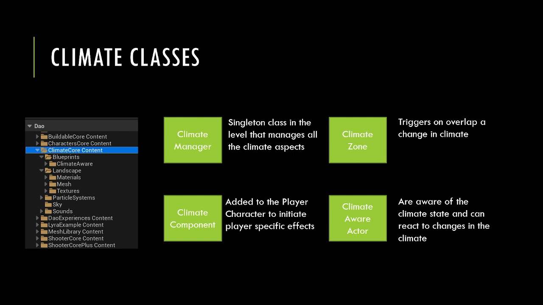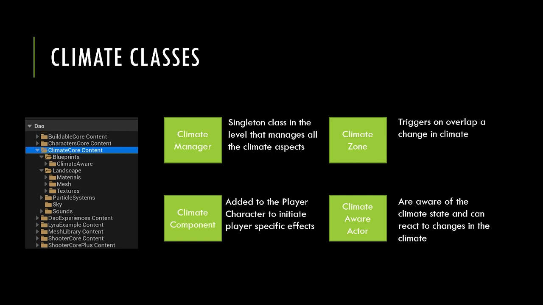Maps can then be divided into zones. So a climate zone is basically an overlap trigger. When a player triggers a new climate zone, the climate manager will start to transition from one climate to another for that player.